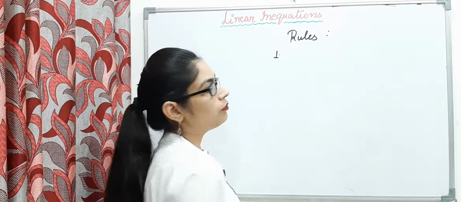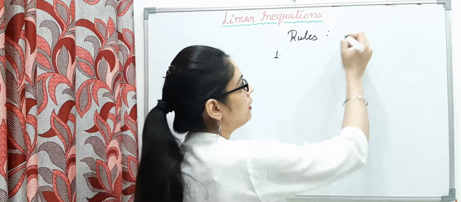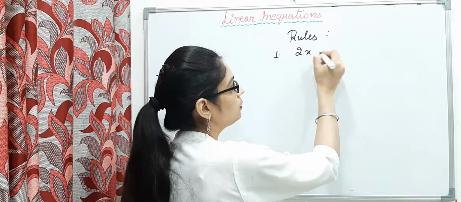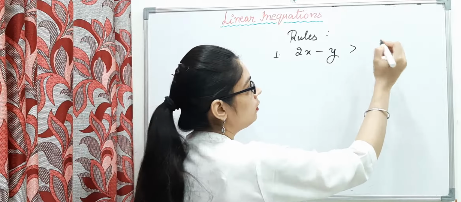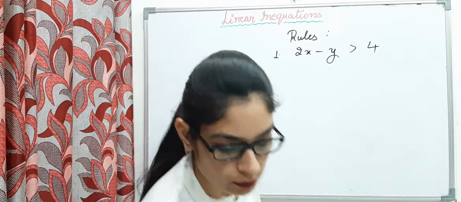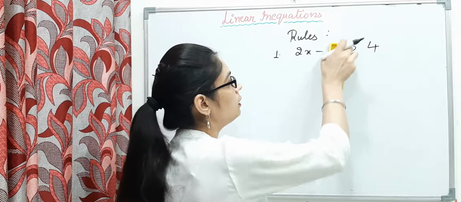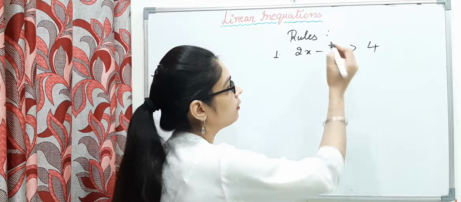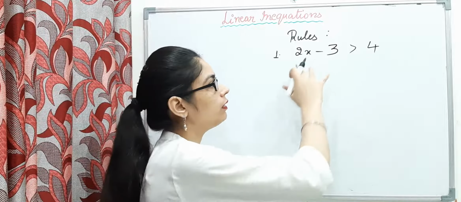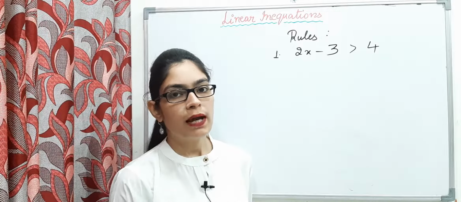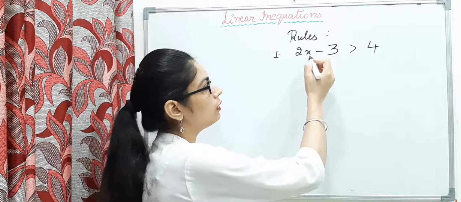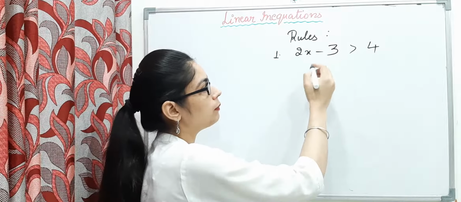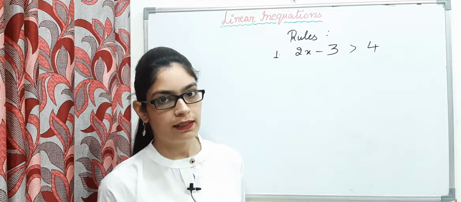So let us start with the rules now. If I have an inequation, 2x minus 3 greater than 4, we will use only one variable, so I can write 2x minus 3. I have taken an example. While solving, in order to find the value of the variable, this minus 3 is a negative integer.